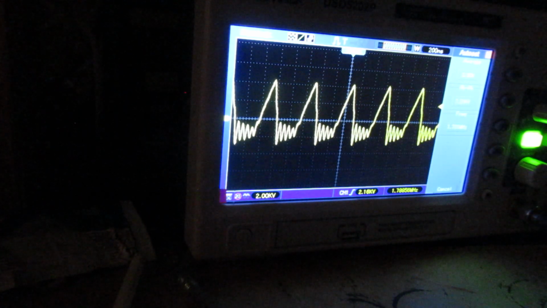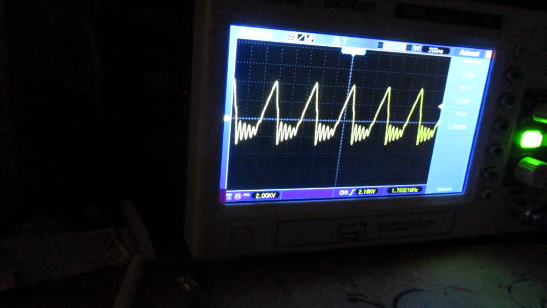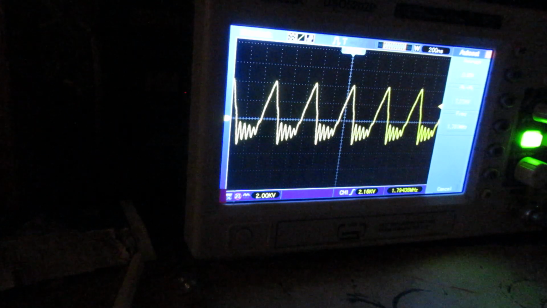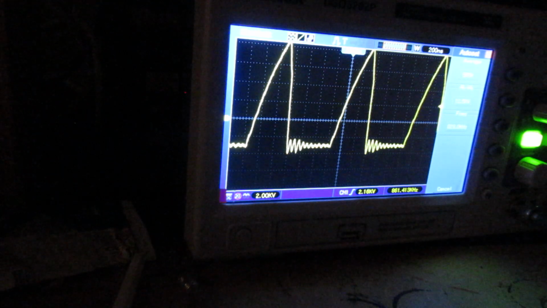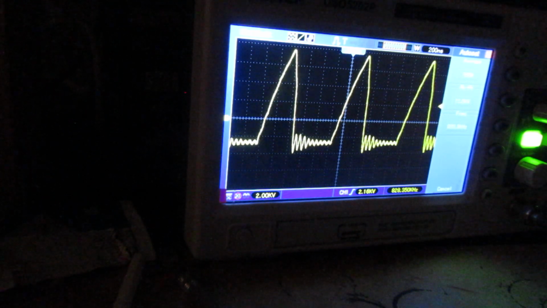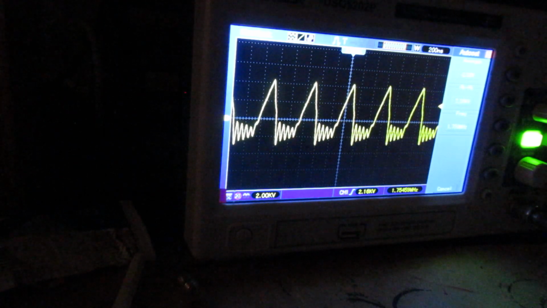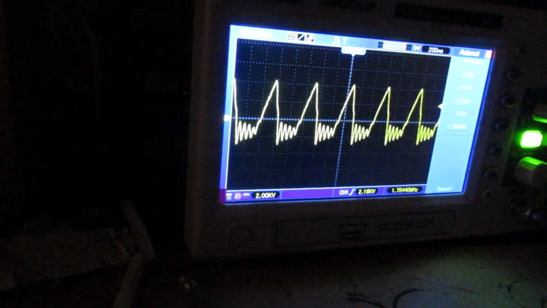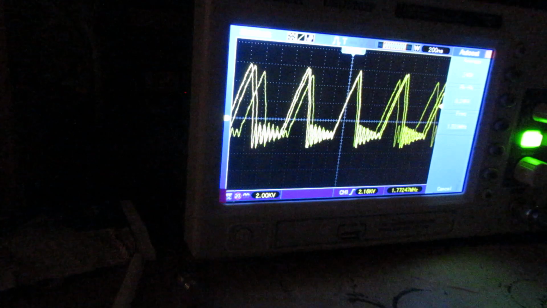Anyway, I turn now the potentiometer going from the second transistor collector to the base. Let's see. Well, now we are on 88 kilohertz, and we are now on 1.7 megahertz. Good result, by the way.